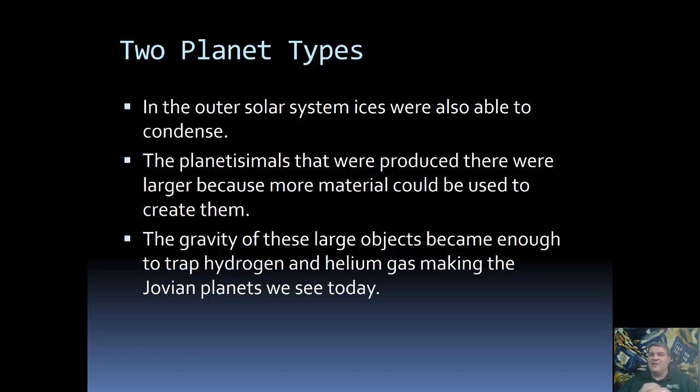Remember, hydrogen and helium do not condense in the solar system. So these pockets will pick up more and more hydrogen and helium, which means they become more massive, which allows them to draw in more gas and so on, until these planets have a large hydrogen and helium atmosphere. This makes the Jovian planets that we see today.